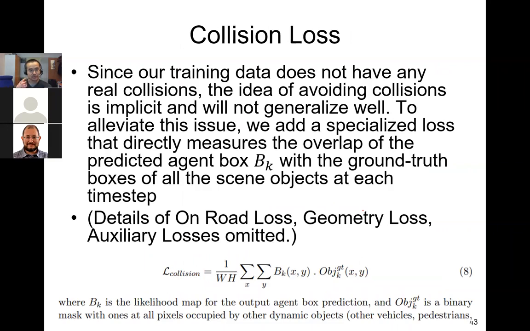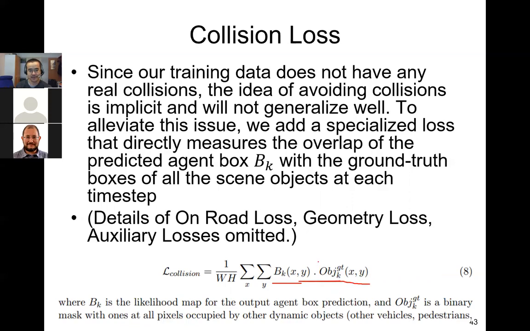And then they added a whole bunch of different loss functions. For example, I just discussed this collision loss. Since our training data does not contain any real collisions, the idea of avoiding collisions is implicit and will not generalize well. To alleviate this issue, we added a specialized loss function that directly measures the overlap of the current predicted agent box BK with the ground truth boxes of all these seen objects at each time step.